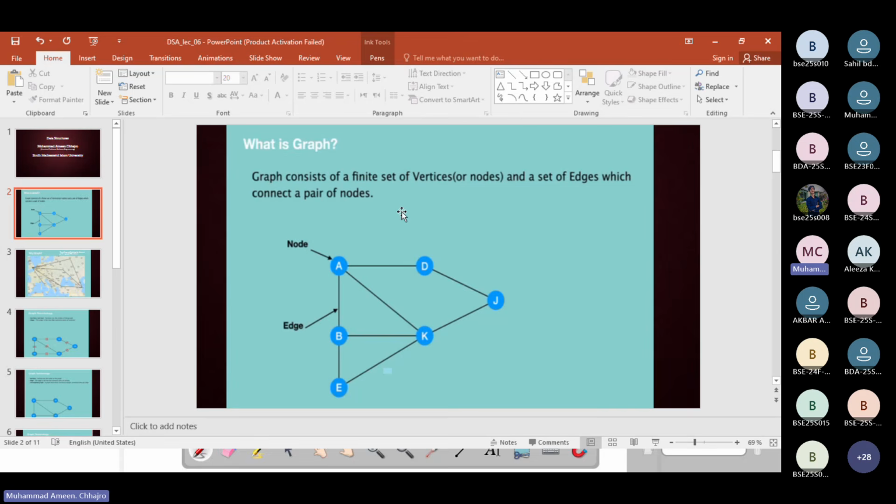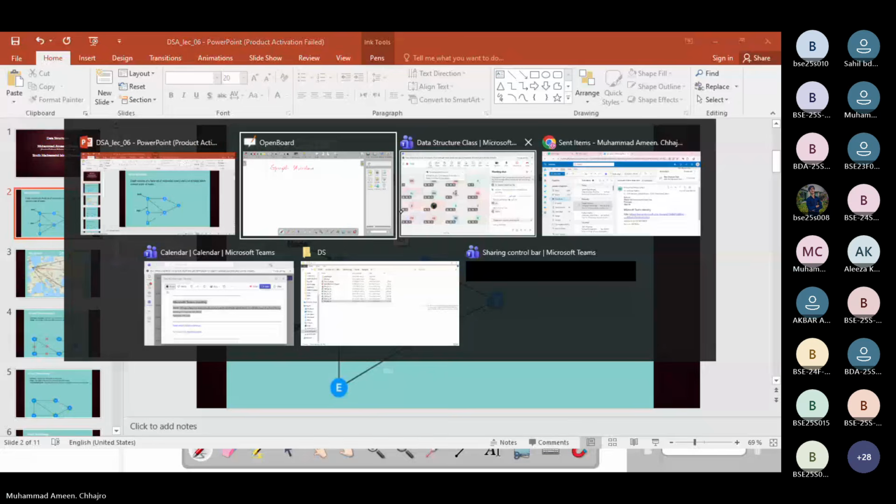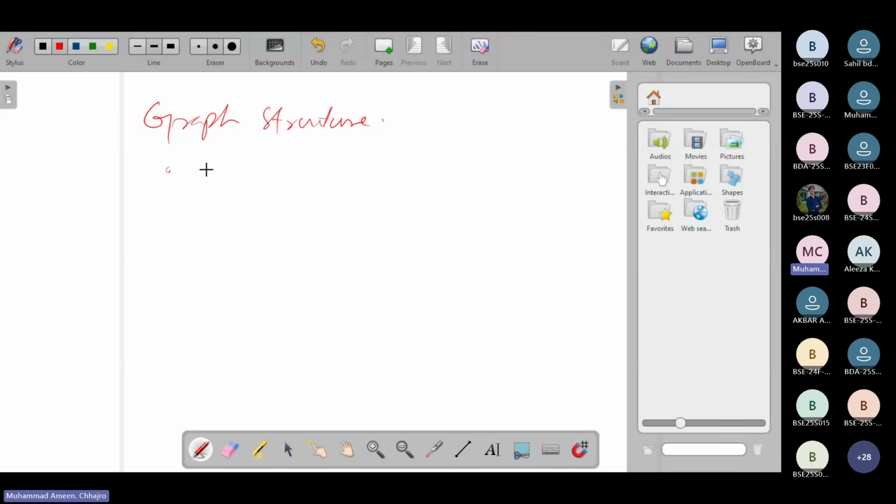For example, in graph we have nodes, and in graph we have edges.